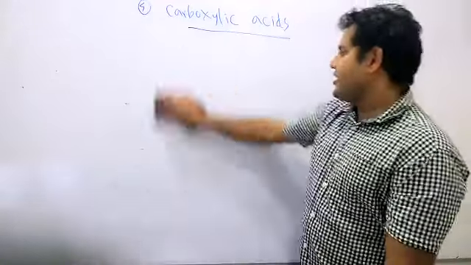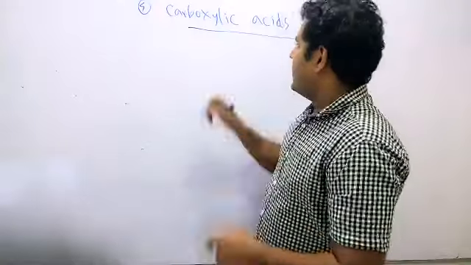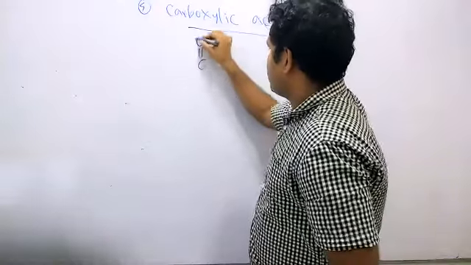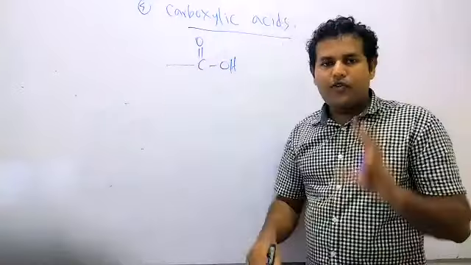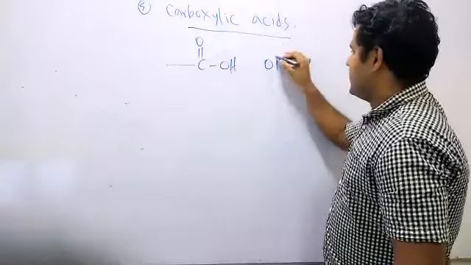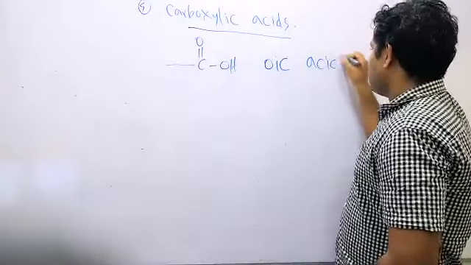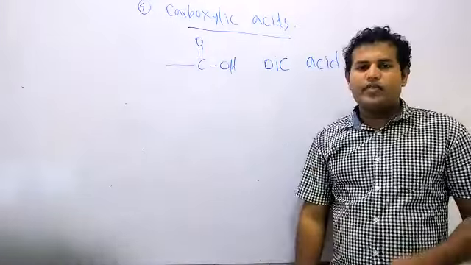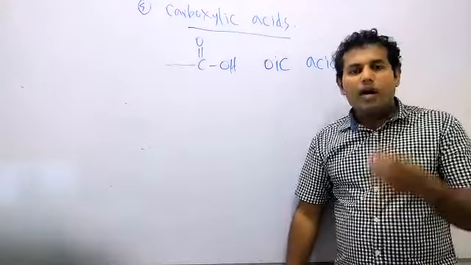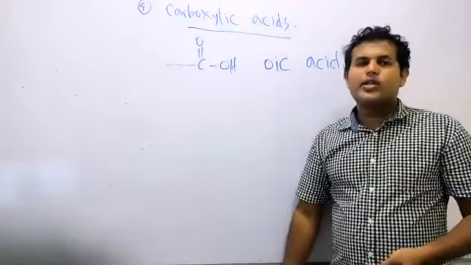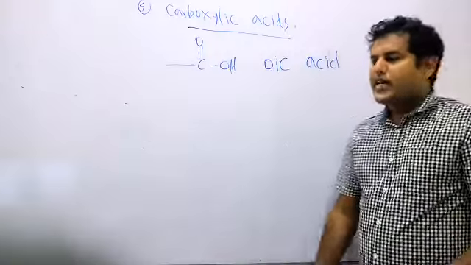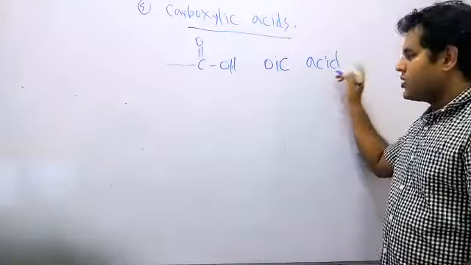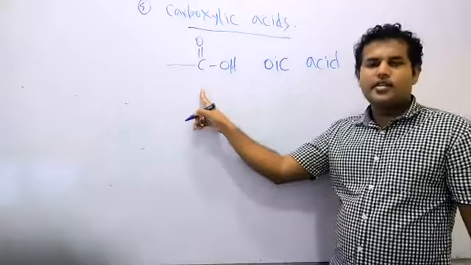Now what you have to write is COOH and put this dash, definitely put the dash, and the name for carboxylic acids is oic acid. In carboxylic acid compounds, we don't always say carboxylic acid, carboxylic acid, carboxylic acid, we don't want to keep it in our mind. So we say oic acid. This oic acid suggests it's a carboxylic acid.